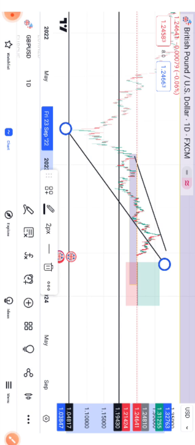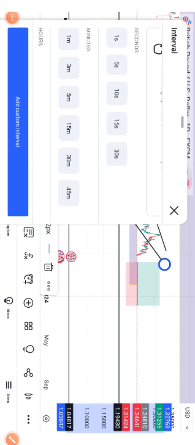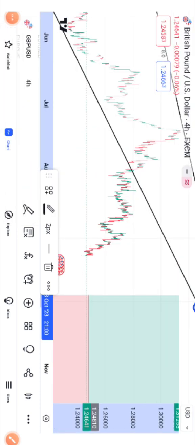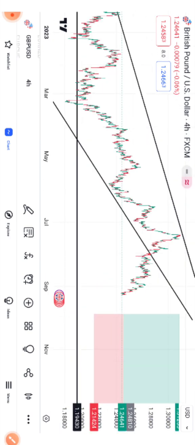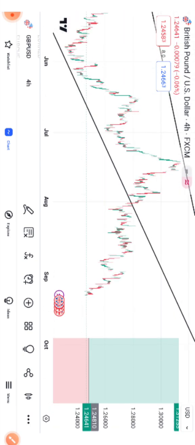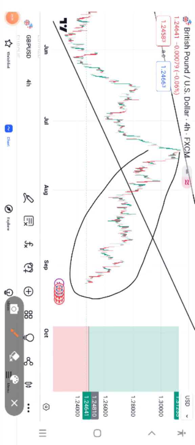So what do we do for entry points? We can dive deeper to the 4 hourly. As we dive deeper to the 4 hourly, we can clearly see that we can take more advantage of the market. We have this right here, right?